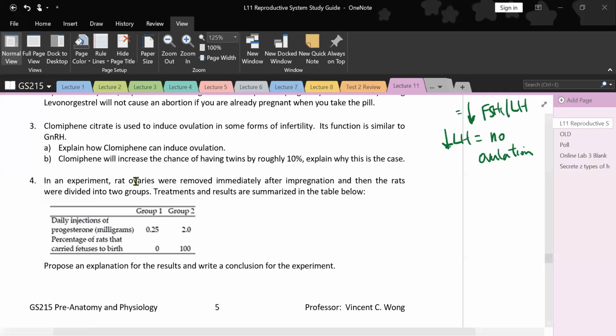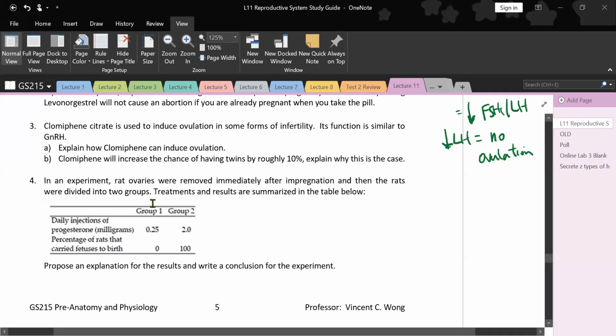So if you remove the ovaries, then you don't have the source of progesterone, which means the endometrium is going to shed, and that cannot support the fetal growth, right? So that's why you need to give them progesterone. Over here in group 1, they're giving the rats a little bit of progesterone, but clearly 0.25 milligram is not enough, right? So there must be some minimal dose that's required to sustain the pregnancy.